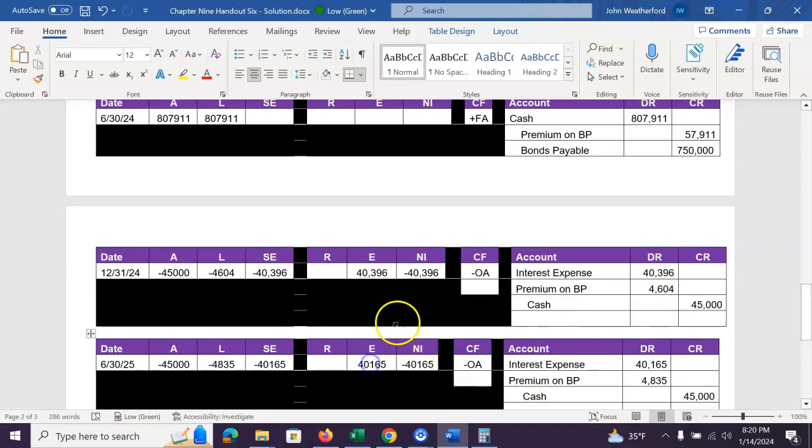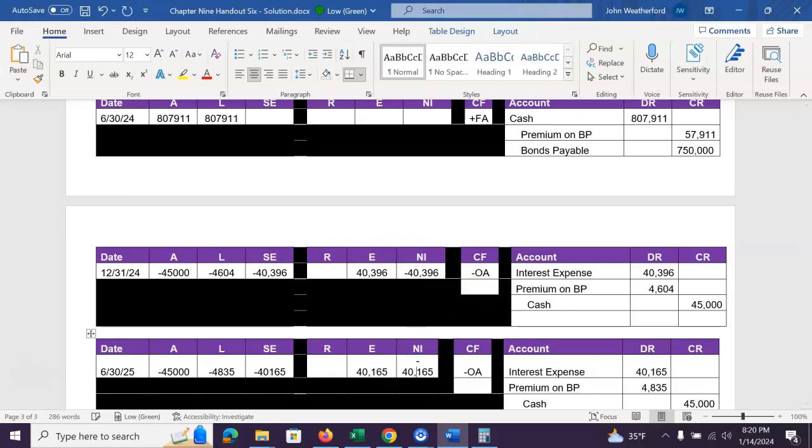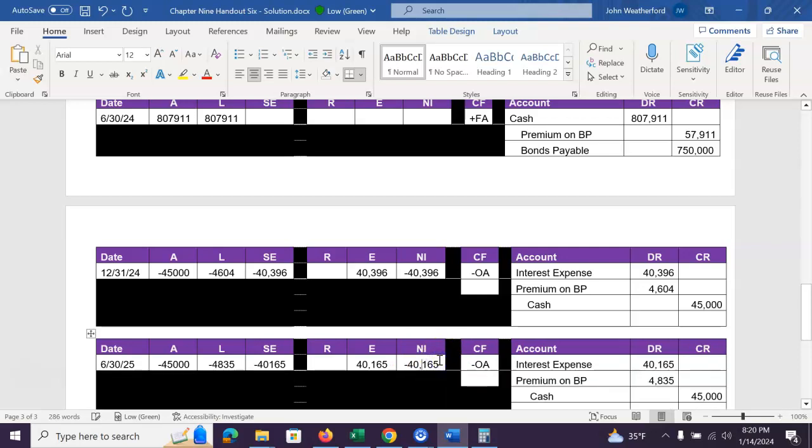That means our expenses, interest expense specifically, increased by $40,165, causing net income to decrease by $40,165. Of course, an interest payment is an operating activity. I don't know if I mentioned that here, but of course it is. We've talked about it many times.